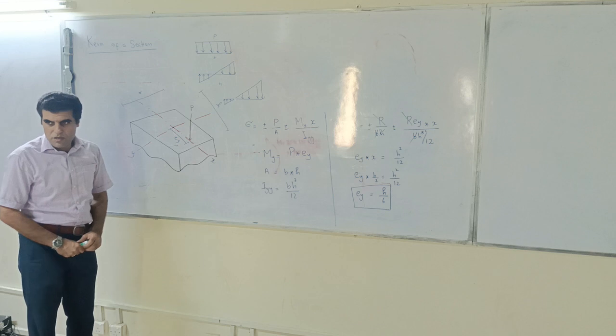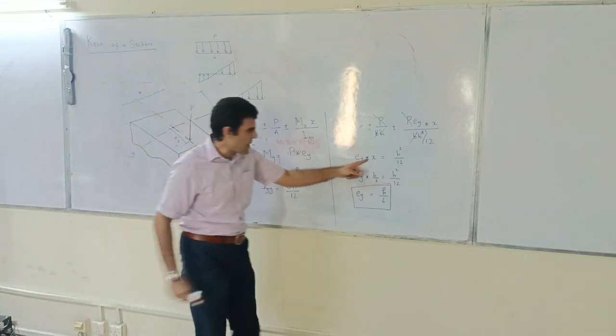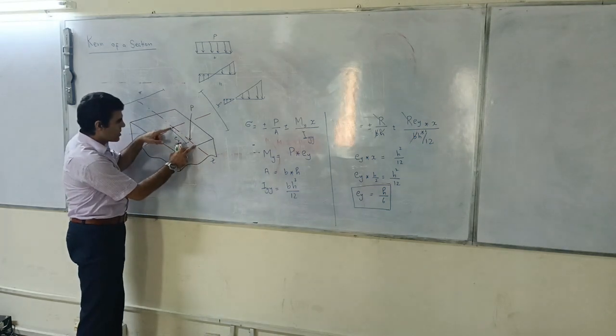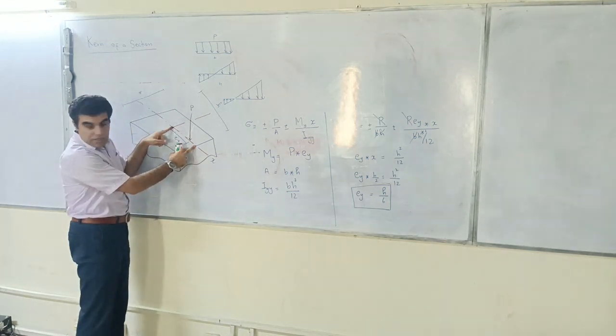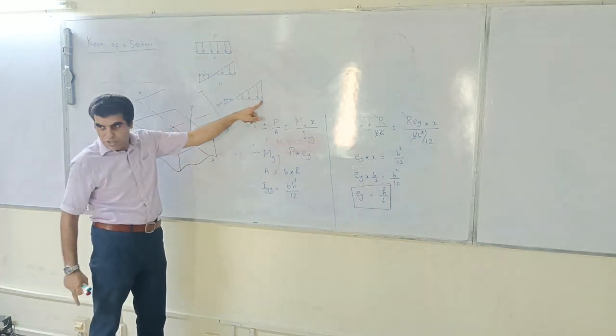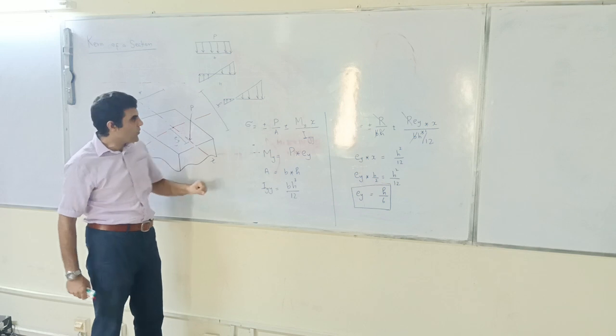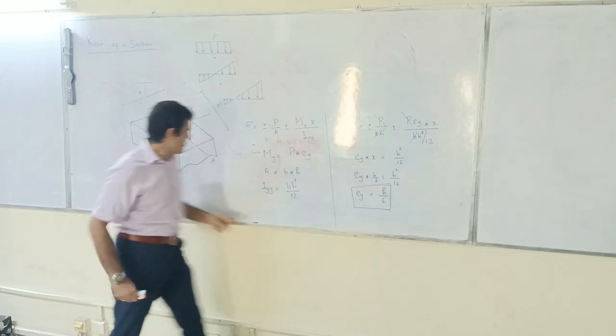So which point is there? This is the maximum I have put. The maximum compression is at H by 2, isn't it? So this is maximum.